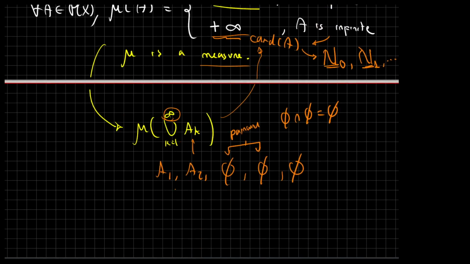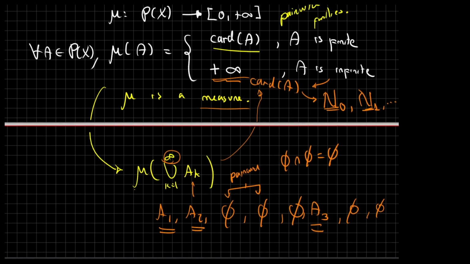So you may have a case in which there are only finitely many non-empty sets. Let's say we have 3 non-empty sets here, and the rest is just the empty set. So when you compute this union, it will be finite and you go by definition. Otherwise, if there are infinite non-empty sets, it will be infinite.